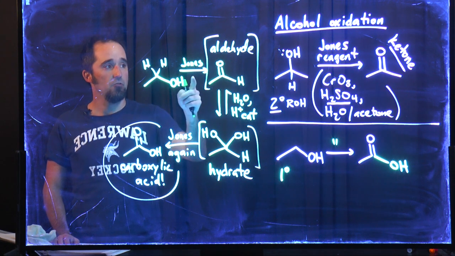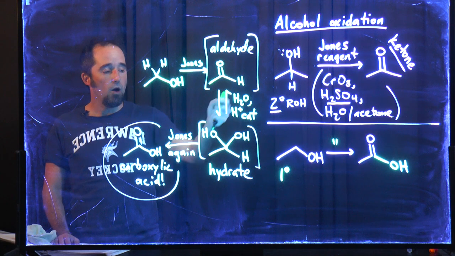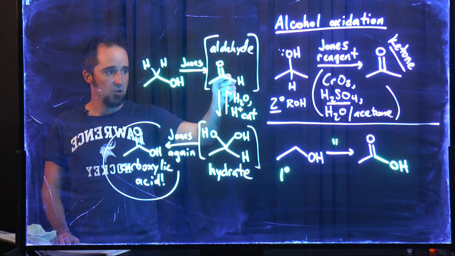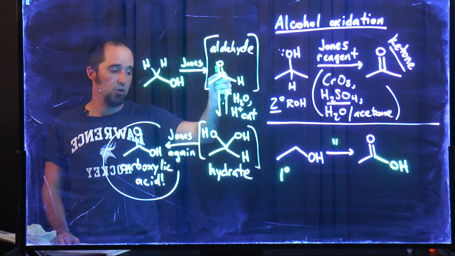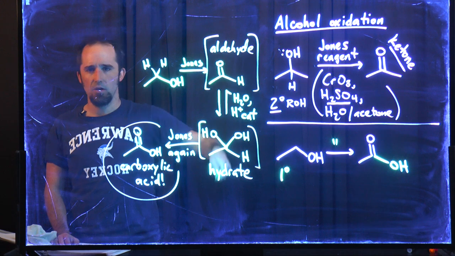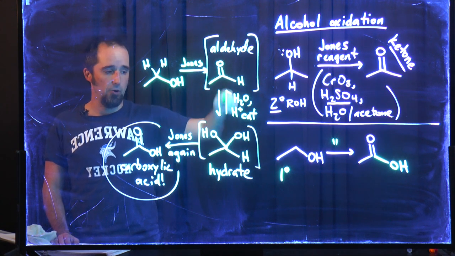What happens is, first we oxidize to the aldehyde, but if we're in water, especially with acid catalysis, this aldehyde is going to have water add to it to form a hydrate. We're going to talk about this particular equilibrium in like 3 or 4 videos from now, maybe fewer.